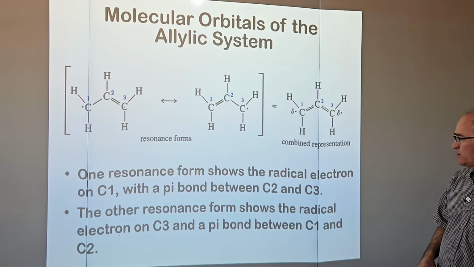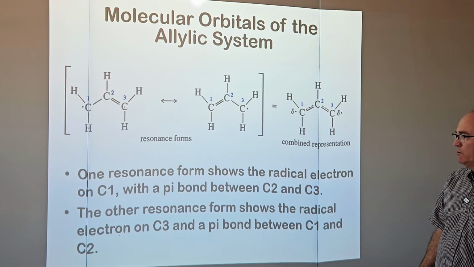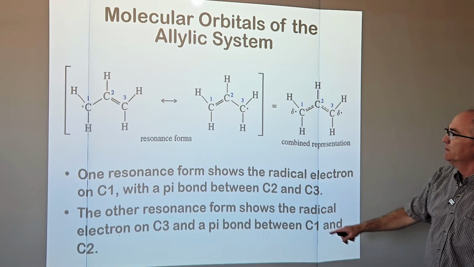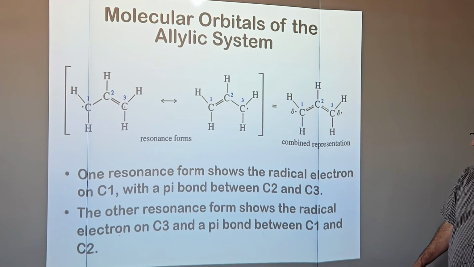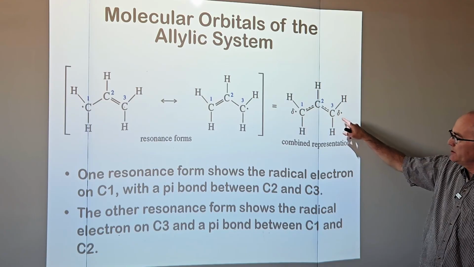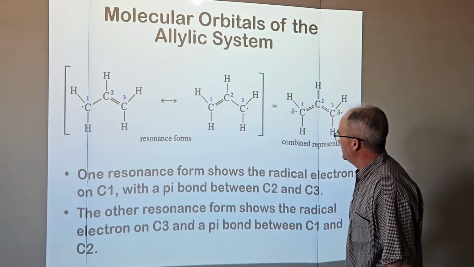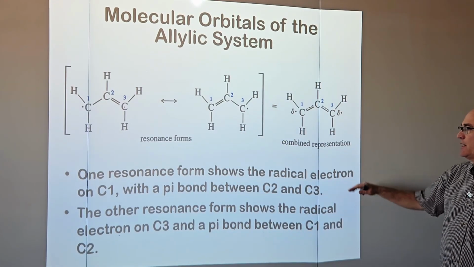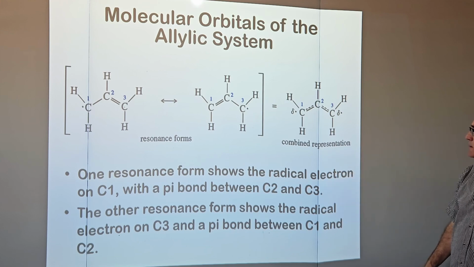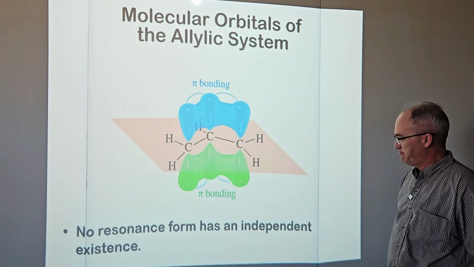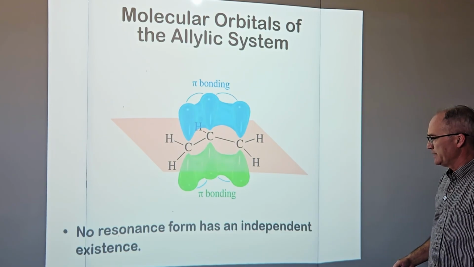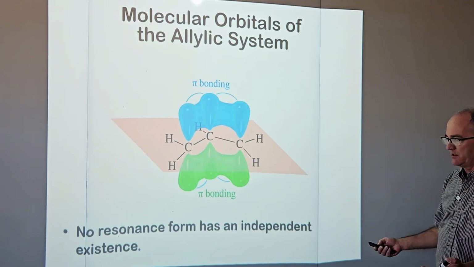One resonance form shows the radical electron on C1 with a pi bond between C1 and C2. The other resonance form shows the radical on C3, and the pi bond over here. Of course, in nature we really have some hybrid, this combined representation. If we look at the molecular orbitals, no resonance form has an independent existence.